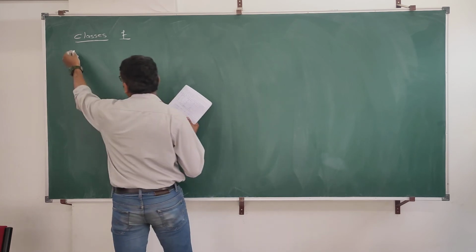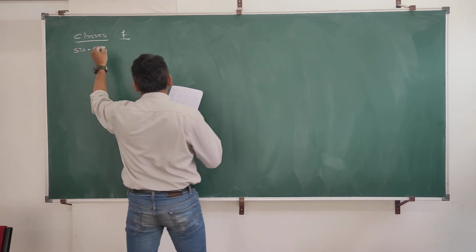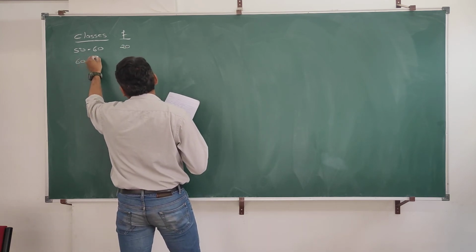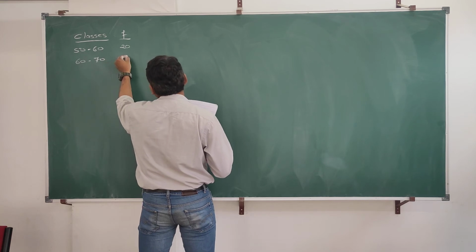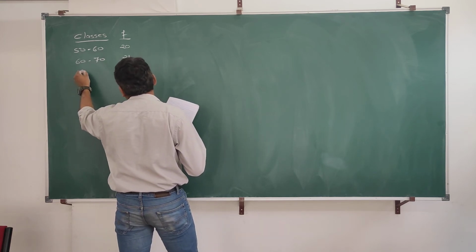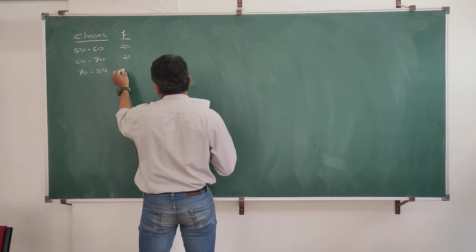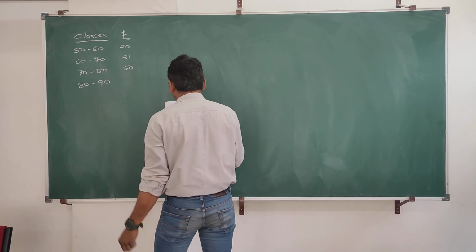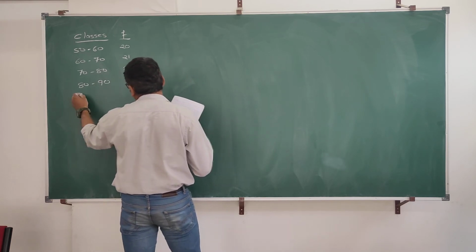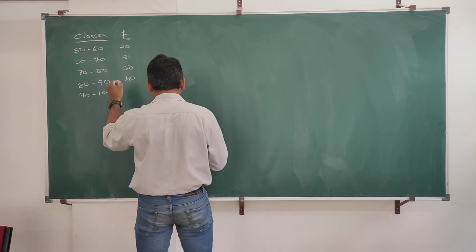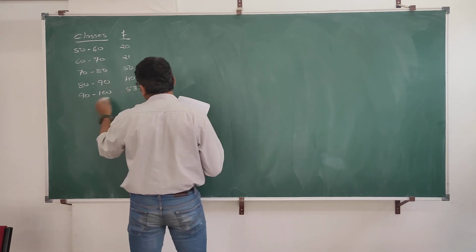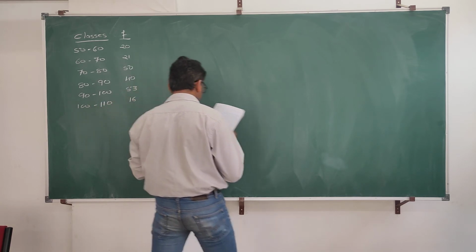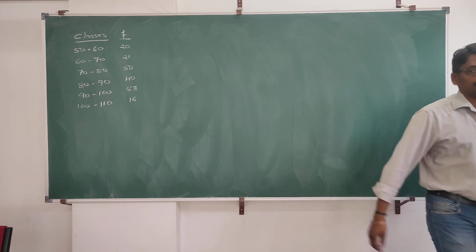Classes column: 50 to 60, frequency 20; 60 to 70, 21; 70 to 80, 50; 80 to 90, 40; 90 to 100, 53; and 100 to 110, 16. Suppose this much information is given.